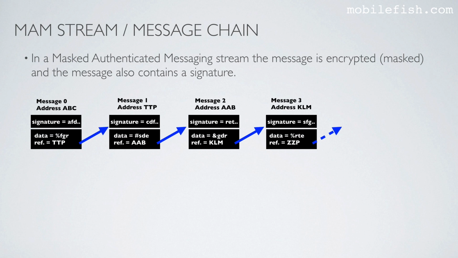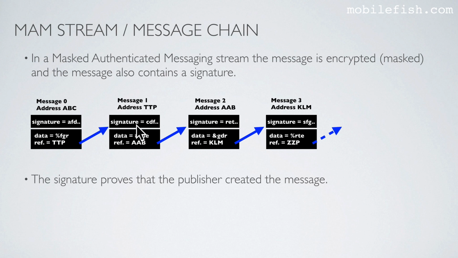In a Masked Authenticated Messaging stream, the message is encrypted, also known as masked, and the message also contains a signature. As you can see over here, the data is encrypted and the message also contains a signature. The signature proves that the publisher created the message.